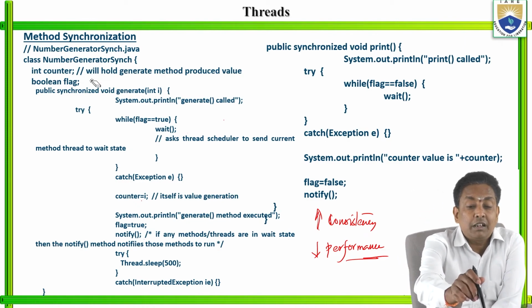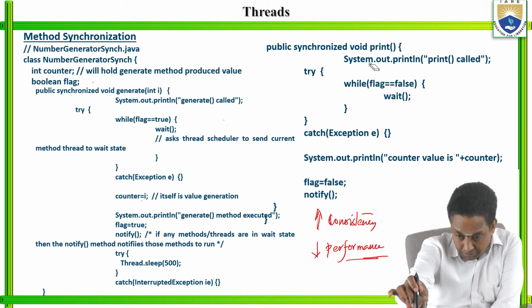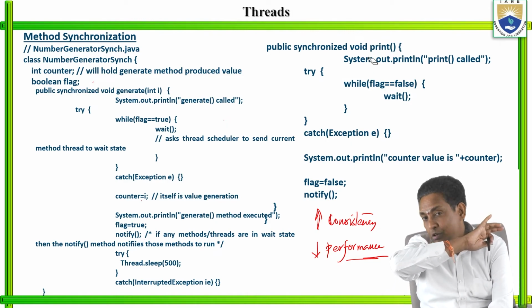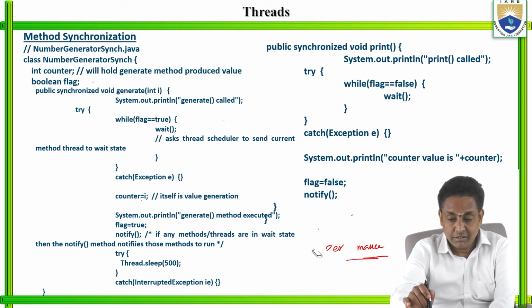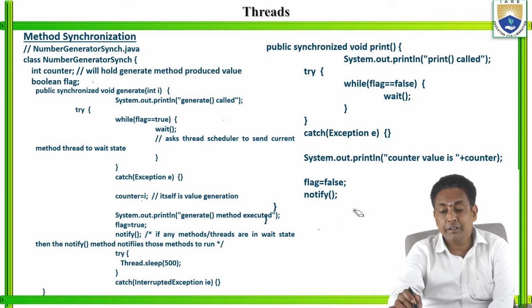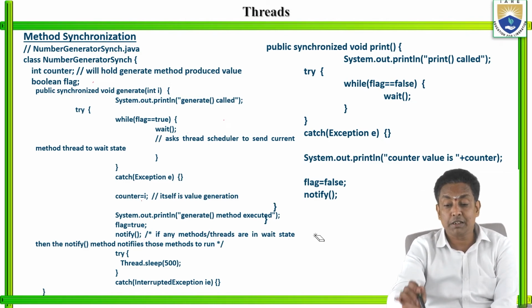Once the generate and print methods are written with the synchronized prefix, it cannot be removed in future, because once classes and methods are written and compiled, they cannot be modified again and again. A lot of inconsistency takes place in the coding.